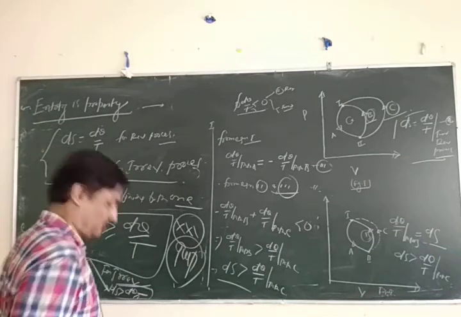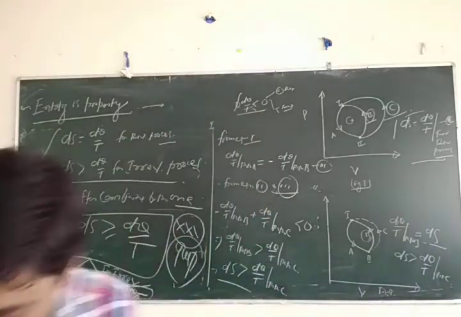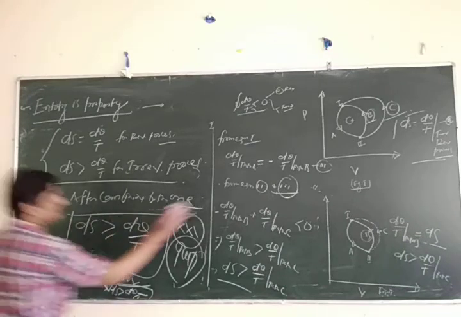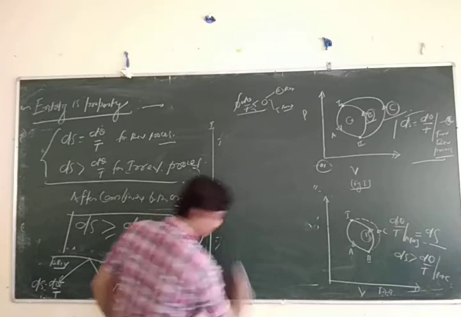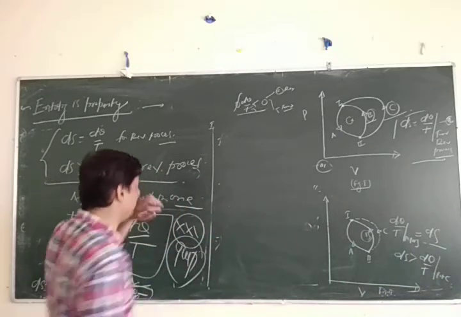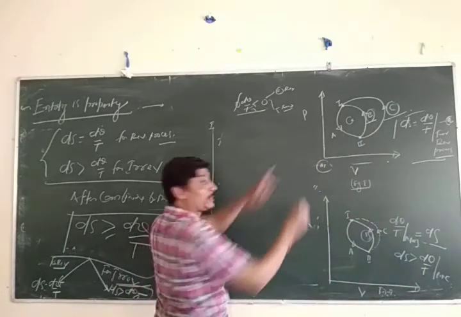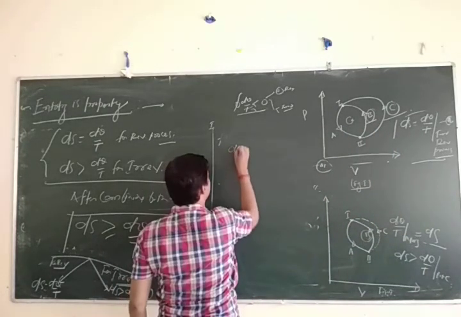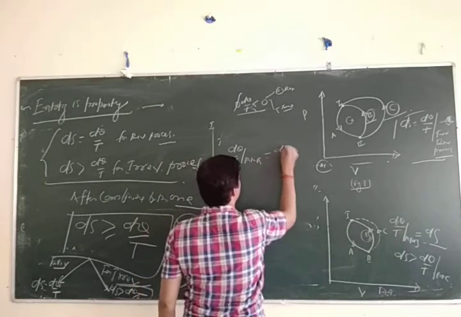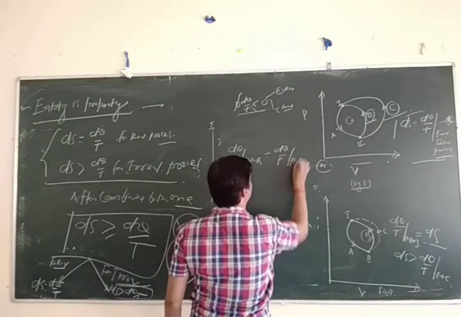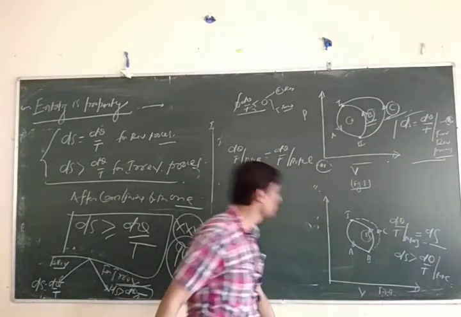So in the first discussion, what we have seen in the first equation, from this derivation in this figure, we have derived that dq by T for path B is equal to that for path C. Both are equal.